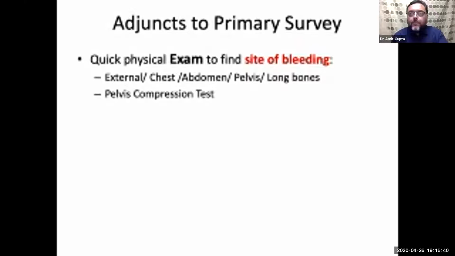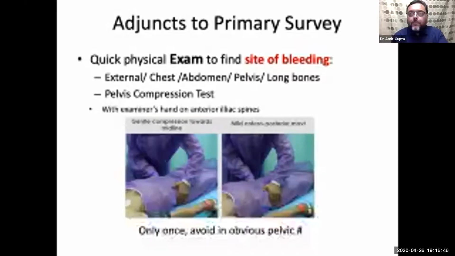You do a pelvic compression test, which is done as it is very well shown, and I need not tell the orthopedicians how to do a pelvic compression test. But once again to reiterate, it should be done only once to avoid any undue pelvic movements.